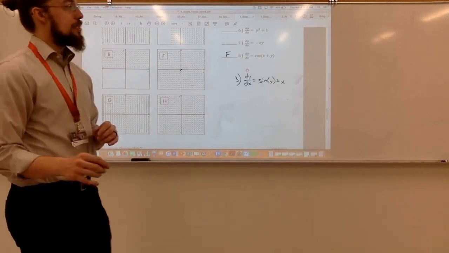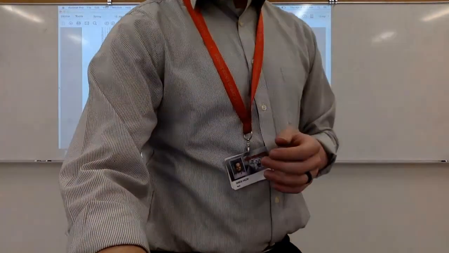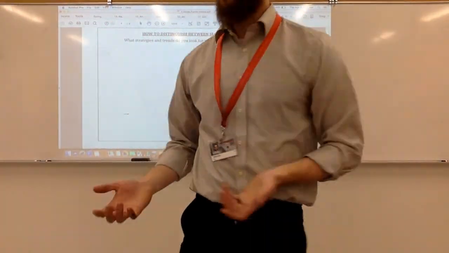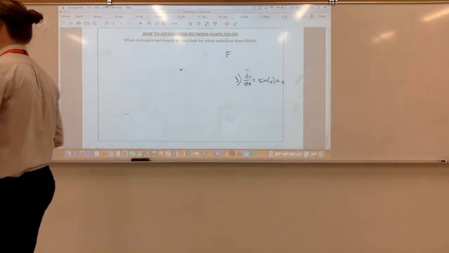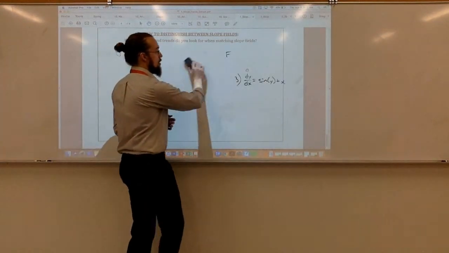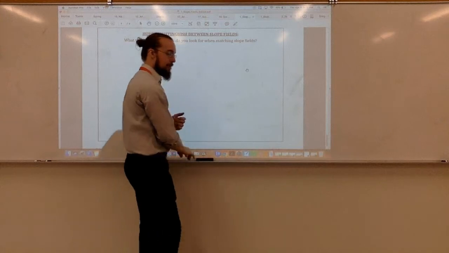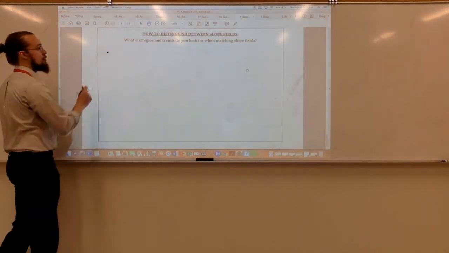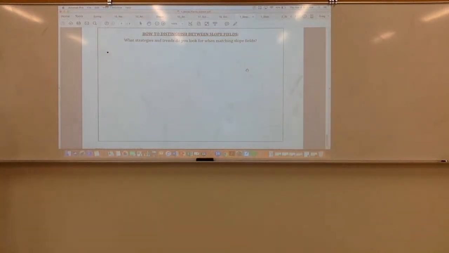I guess that's pretty much it. Other than, on the last page at the bottom, there is a box to jot some of those ideas down in. And so, if you didn't jot any of those methods down already, okay, we can jot these down here. Right? Strategies to look for when matching slope fields.